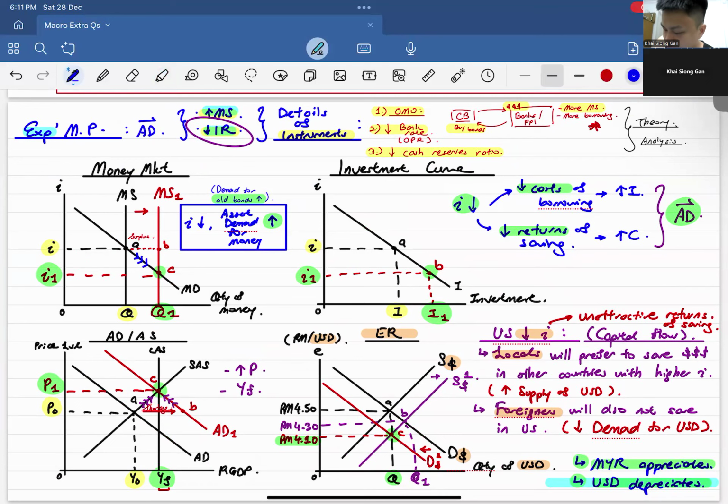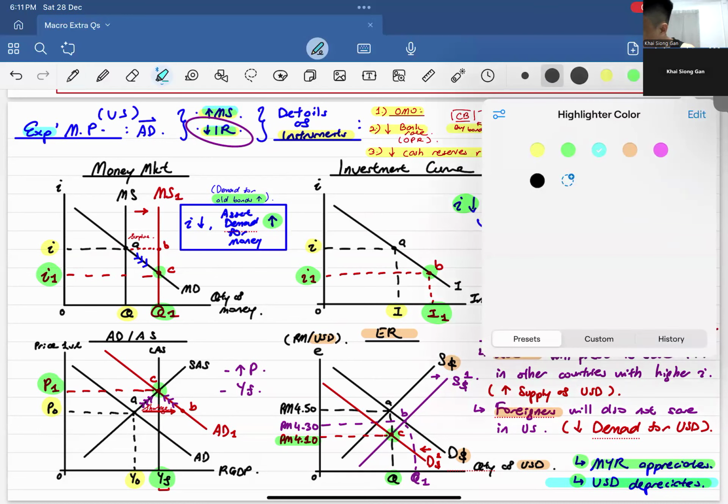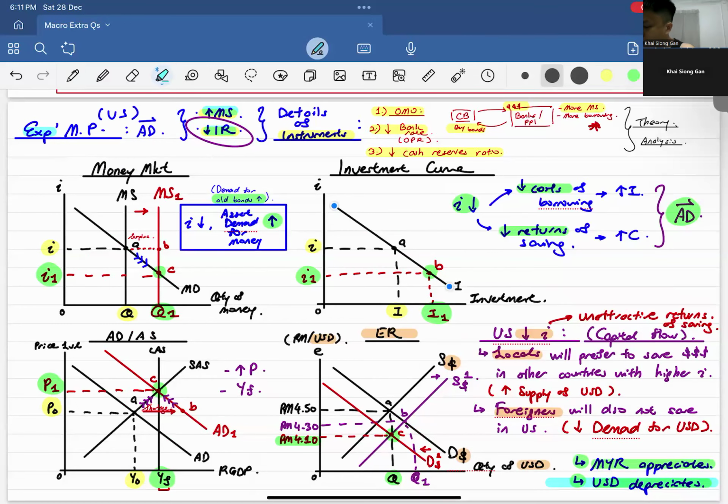Because here, the US doing expansionary monetary policy causes its currency to depreciate. So if you are asked a question like which of the policies could result in the depreciation of the currency, you can comment about this. Expansionary monetary policy can result in the depreciation of the local currency itself. Okay, take note of that.